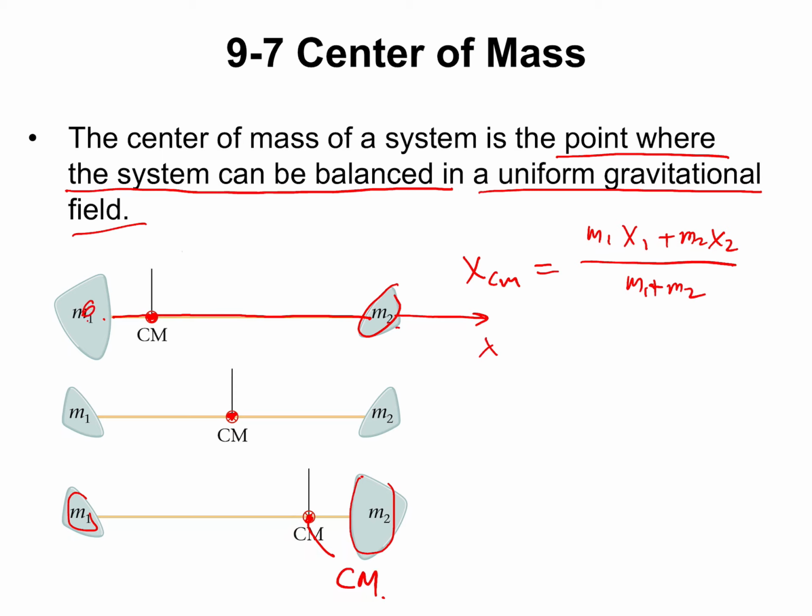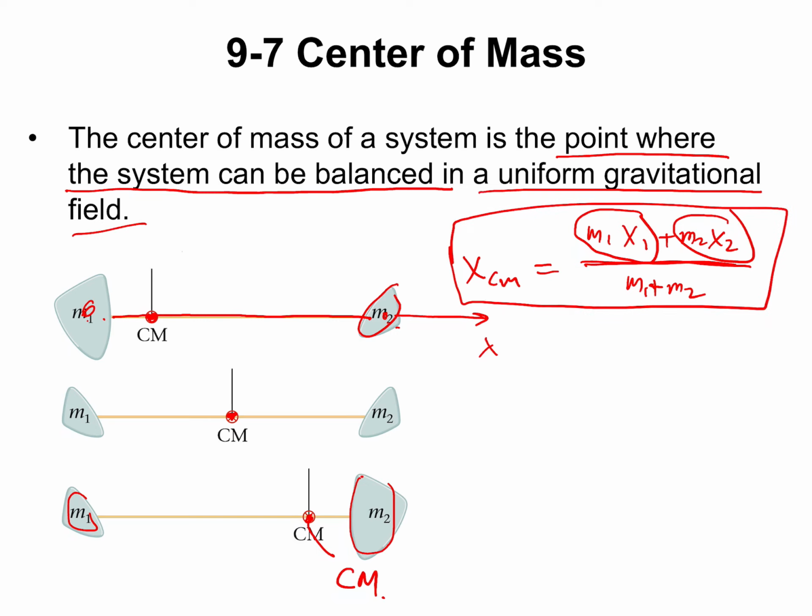So the position of m1 and the position of m2 are put together. This is mass and position, then divided by the total mass of the system. Okay, so that is the center of mass on the x-axis.